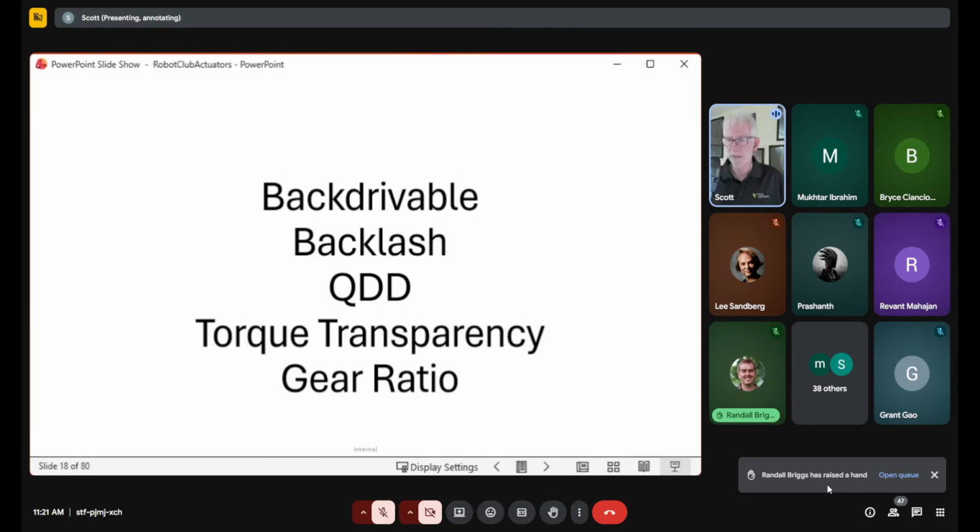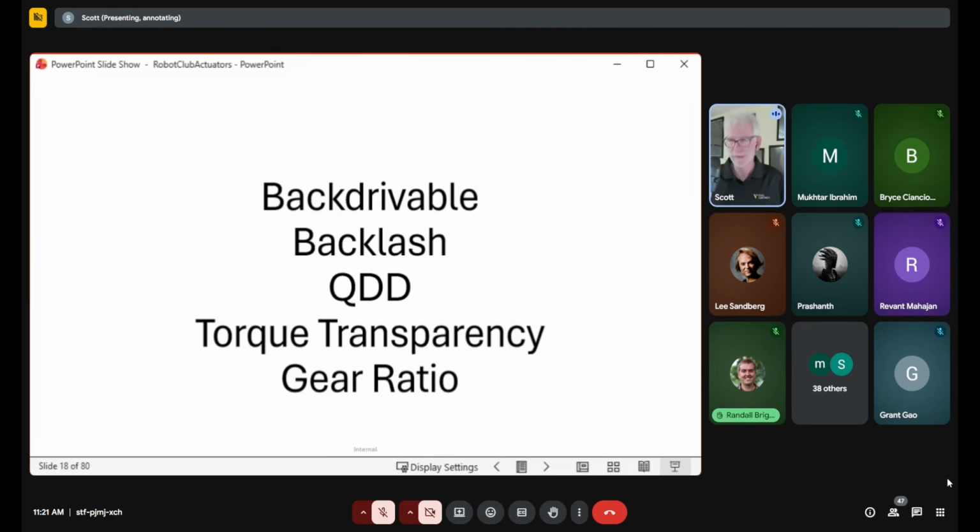The reason I put gear ratio on the bottom is that all of those are determined pretty much by the gear ratio. A small gear ratio means good torque transparency because you're basically a QDD at that point. However, the kind of gear ratio you have might affect your backlash, and will also affect the kind of backdrivability you have.